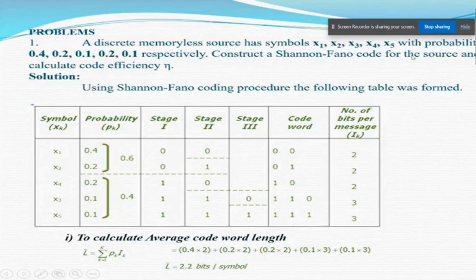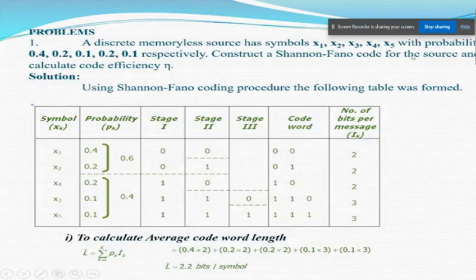Now here we have 0.2, 0.1, 0.1. We can split that equally into 0.2 and 0.2, with 0.2 in the upper set and 0.2 in the lower set, so we assign 0 in the upper set and 1 in the lower set.